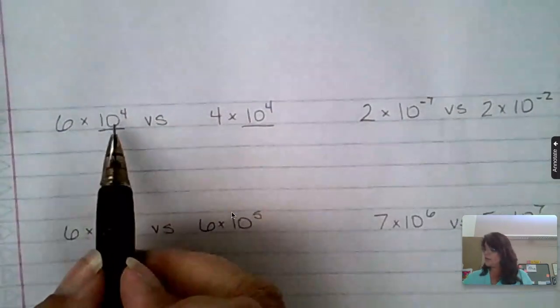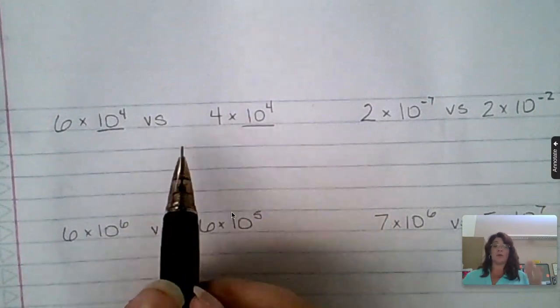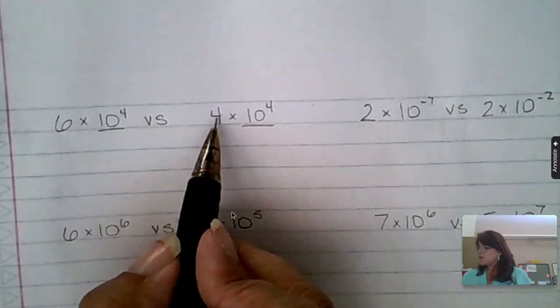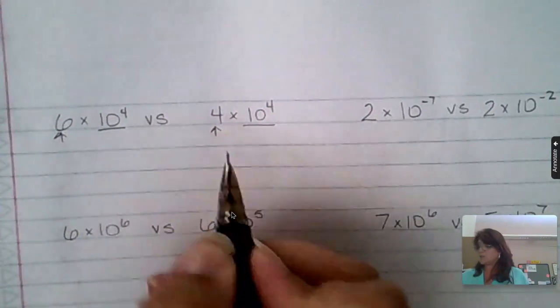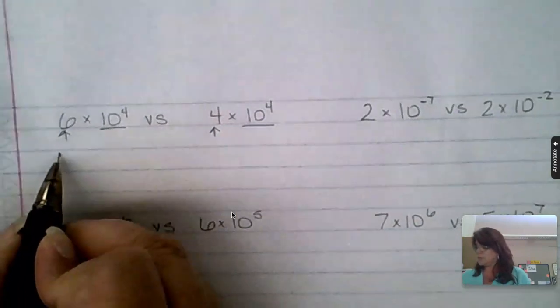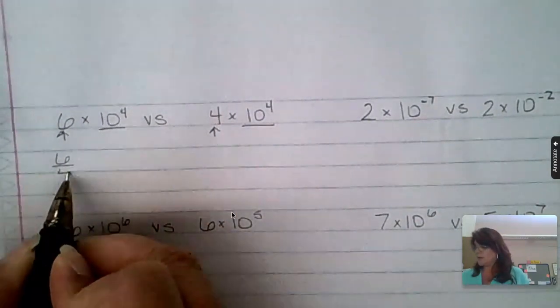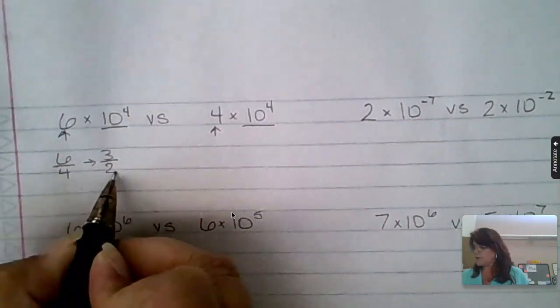So we have 4 zeros, 10 to the 4th power on both sides. Now we look at it and say, well, duh, I knew that 6 was bigger than 4. How much bigger? Well, 6 divided by 4, 3 over 2.